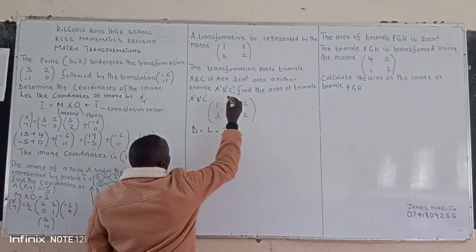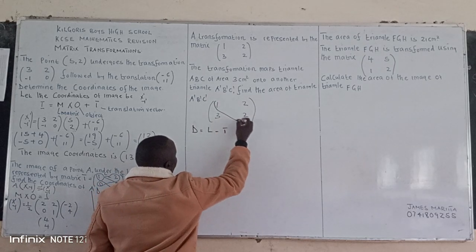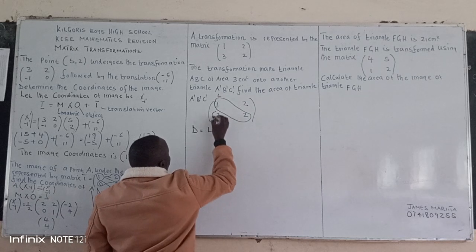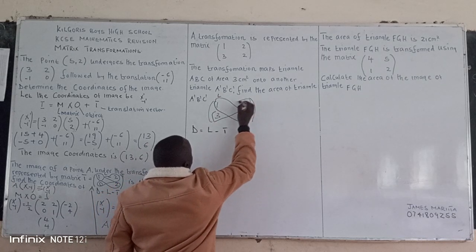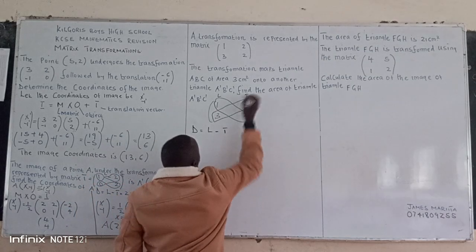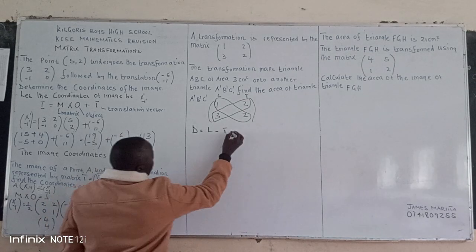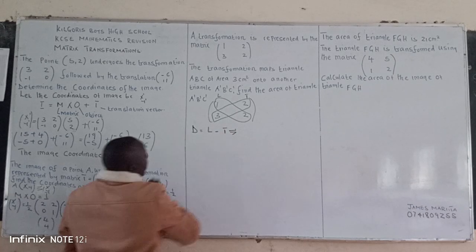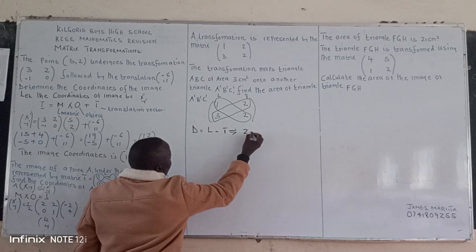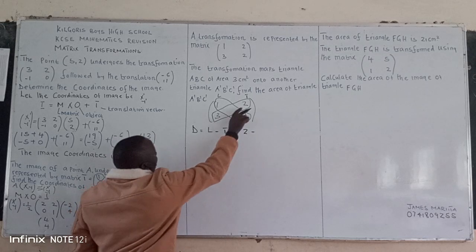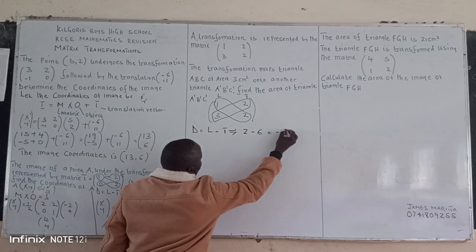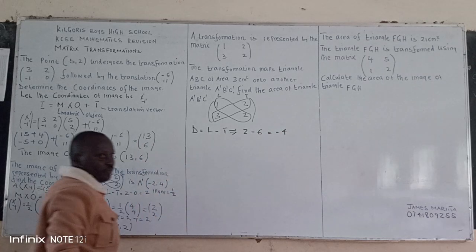So this is the leading diagonal, and you subtract the product of the trailing diagonal. In that case, 1 times 2 is equivalent to 2. We subtract 3 times 2, which is 6. If you subtract that, it will give us negative 4.